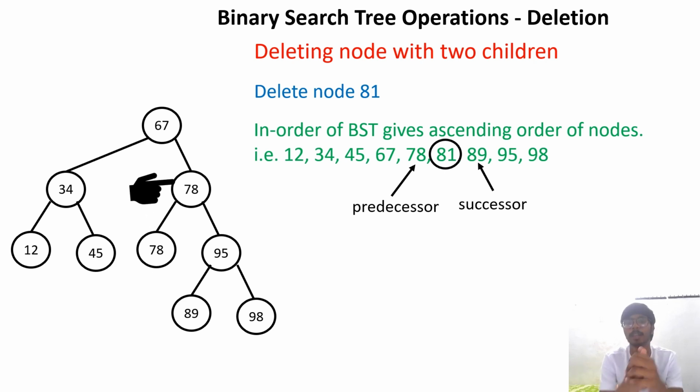Like this. Okay. If we want, we can also add that element in another way. If we want to delete the 81, in that place we can add another left subtree, which is 89 also.